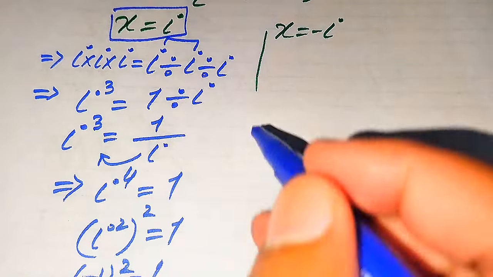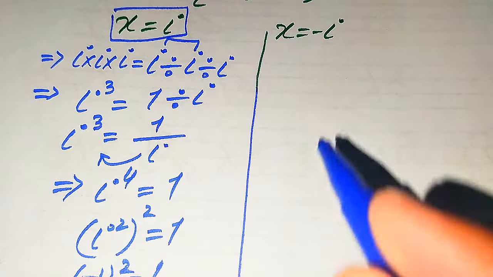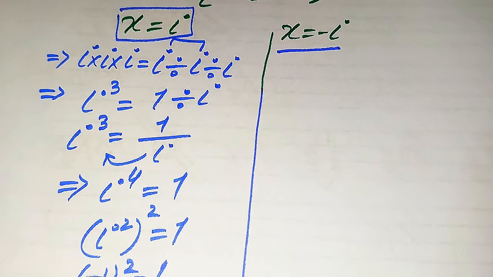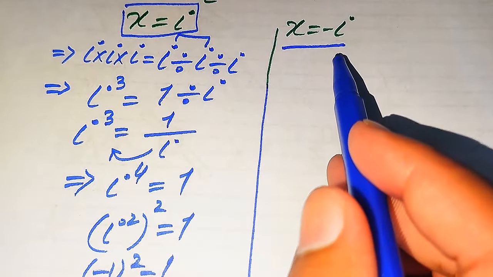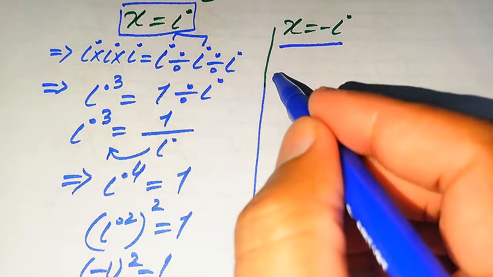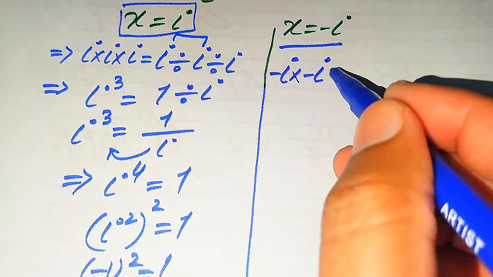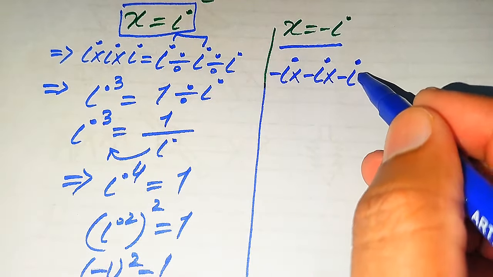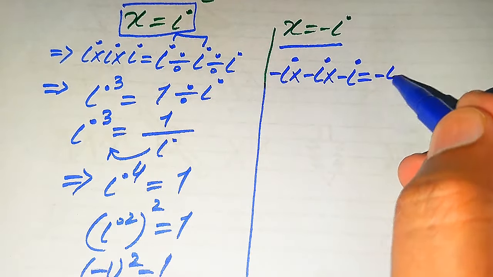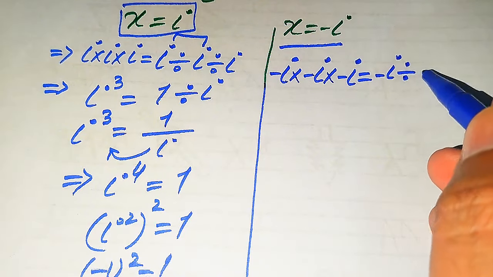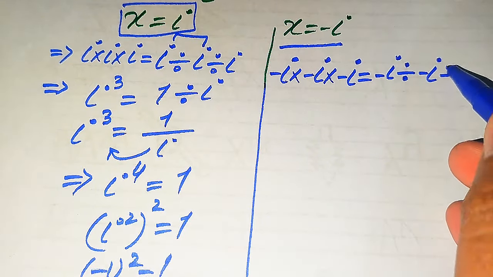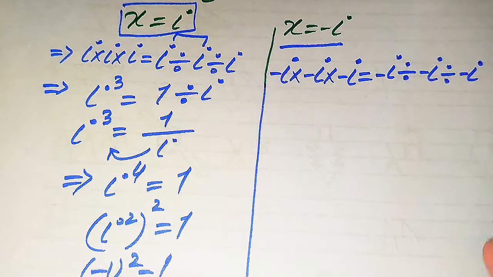And in the next step, we need to verify x equals minus iota. So we put x equals minus iota into the given question statement. It will be written as minus iota multiplied by minus iota multiplied by minus iota equals minus iota divided by minus iota divided by minus iota.